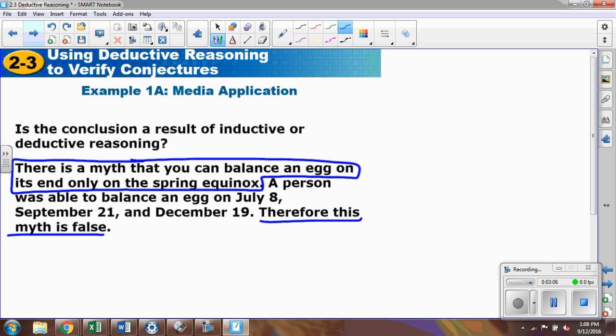Operating on the assumption that the rule is true, we then present evidence, and that evidence shows us that it's not. Because we're using evidence and not following a pattern, that's deductive reasoning, leading us to the conclusion that this claim is not actually true. The myth is false.